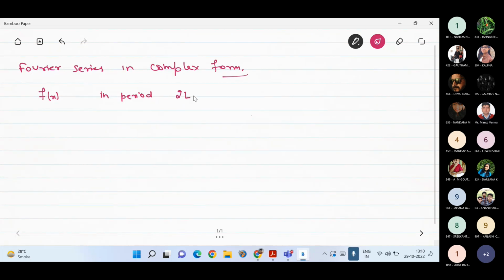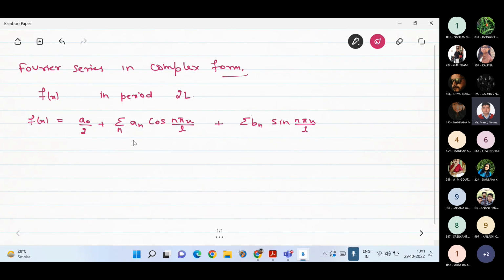As we know, the Fourier series expansion of this function can be written in terms of Fourier coefficients as a0 by 2 plus summation of an cos n pi x by L, and with bn there is sine n pi x by L. So basically this is your Fourier series expansion.